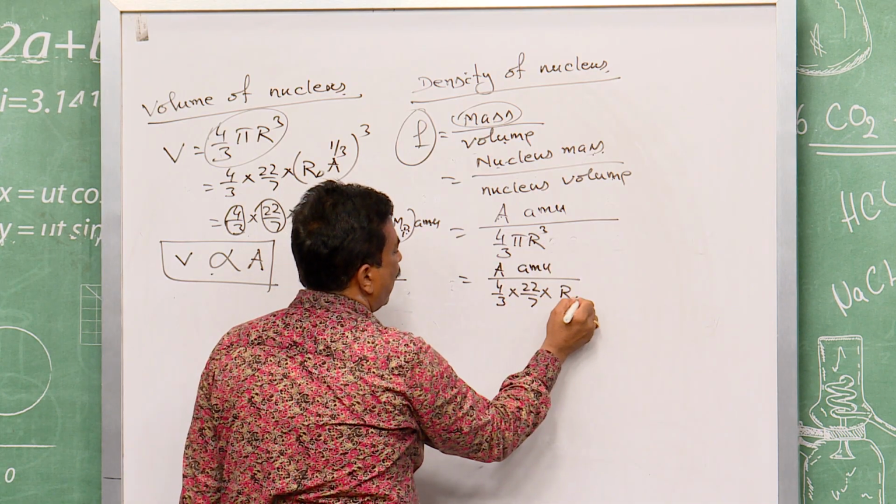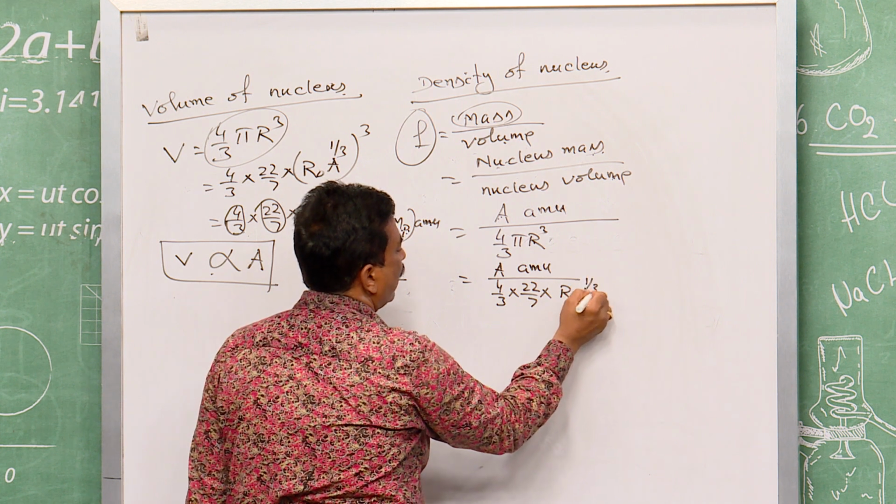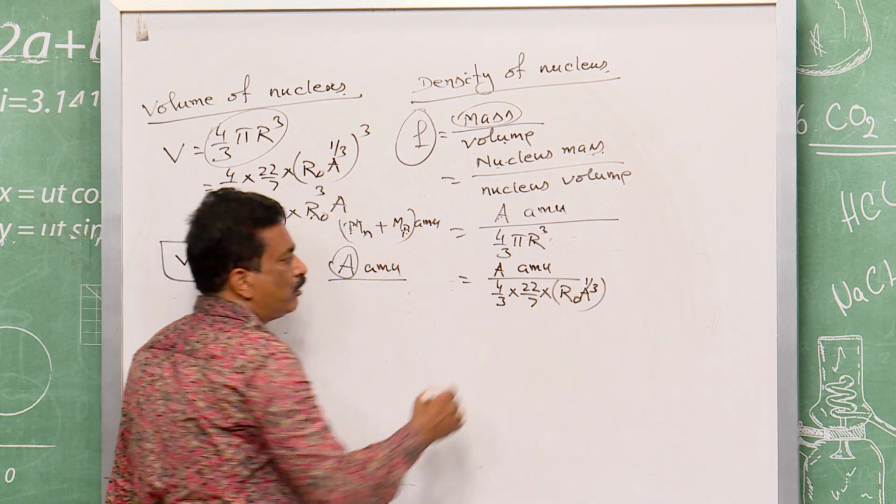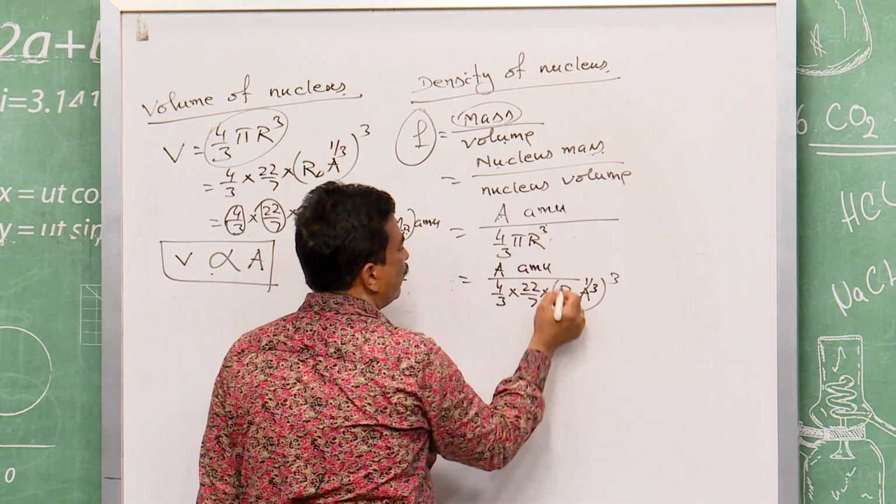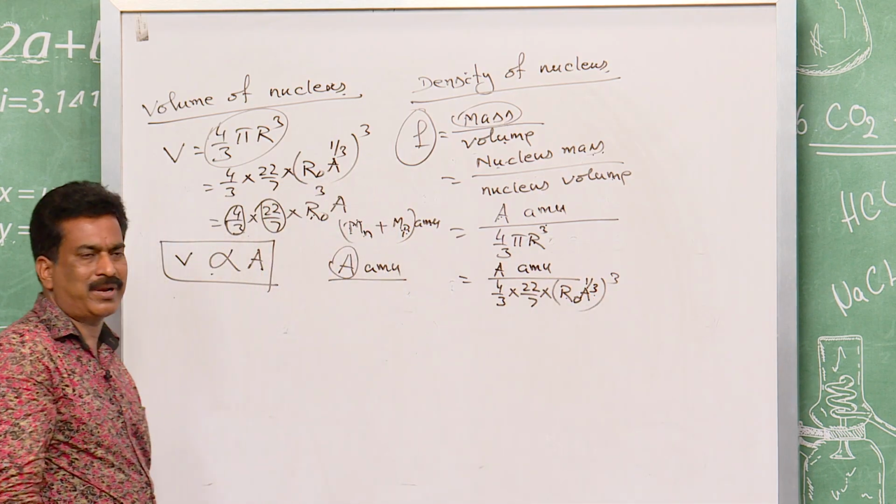What is the r value? r0 A to the power of 1 by 3, to the power of cube, because r is equal to r0 into A to the power of 1 by 3.